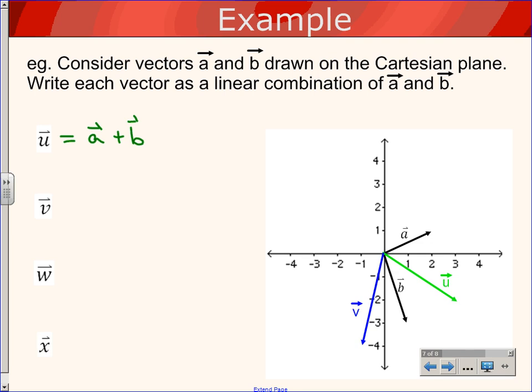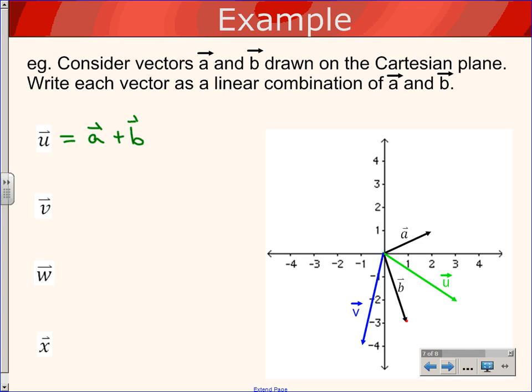So at this point, there's not really a great method for doing this. It's kind of a visualization problem. The way I'm seeing it, I would start with vector b because it's at least close to vector v, and I need to move to the left and down.